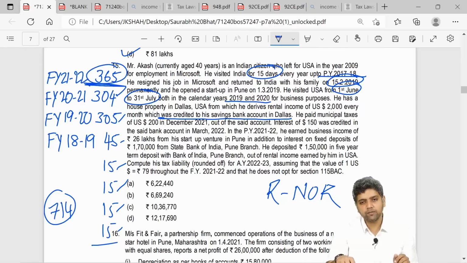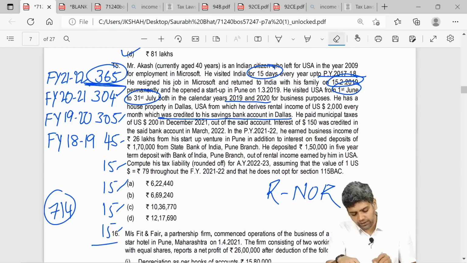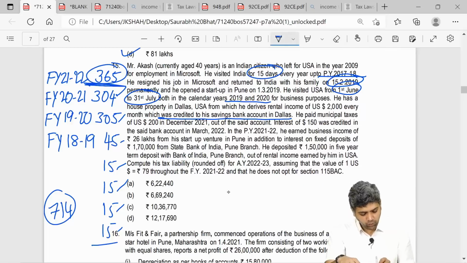So foreign incomes would not be liable to tax in India. The only income that will be liable to tax in India is his Indian income, that they have told us is 26 lakh rupees on account of startup venture in India, and 1,70,000 rupees being the interest on fixed deposit.